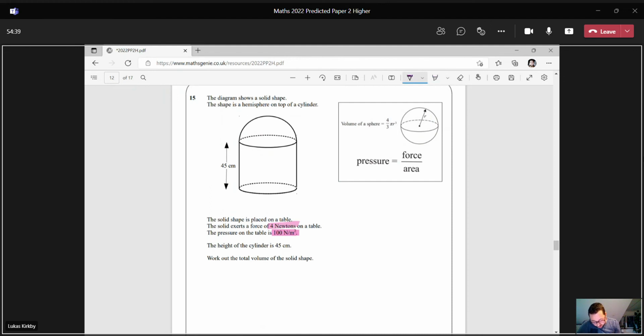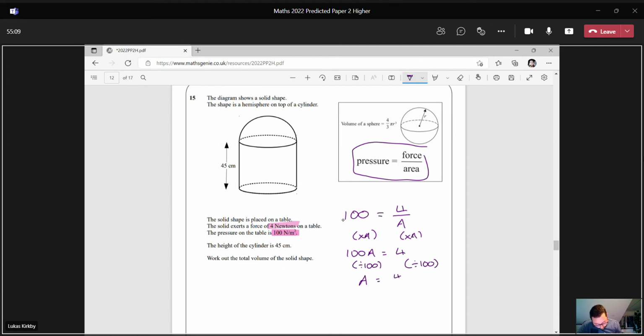Using this formula here, pressure we know is 100, and that is force, which is 4, over the area, which we'll just write as A. Now let's times both sides by A, and you're going to get 100A equals 4, and then we can divide by 100 both sides, so we get A is 4 over 100, or 1 over 25.